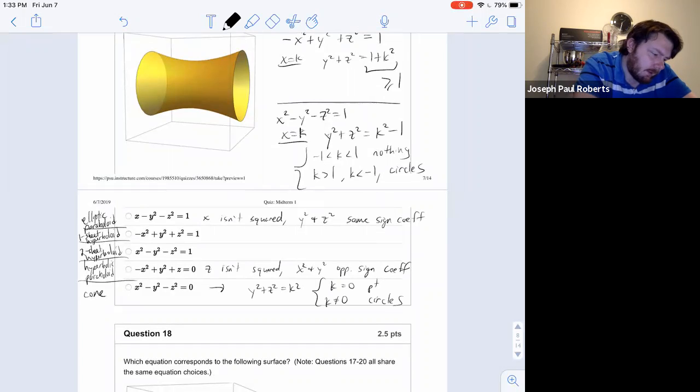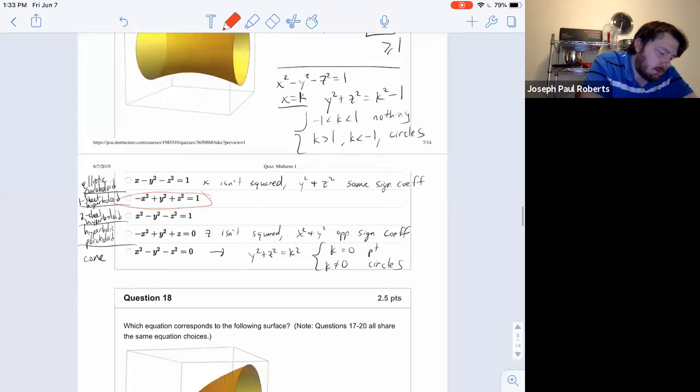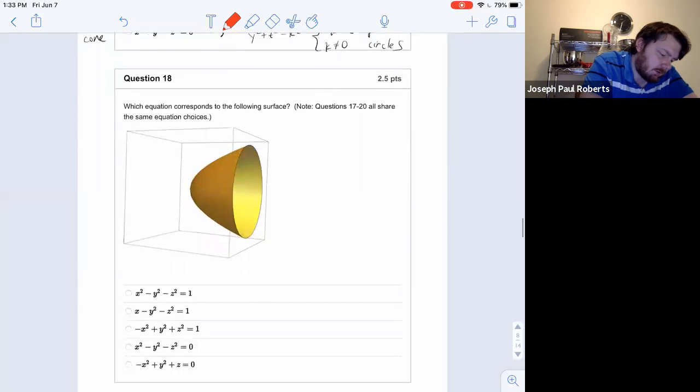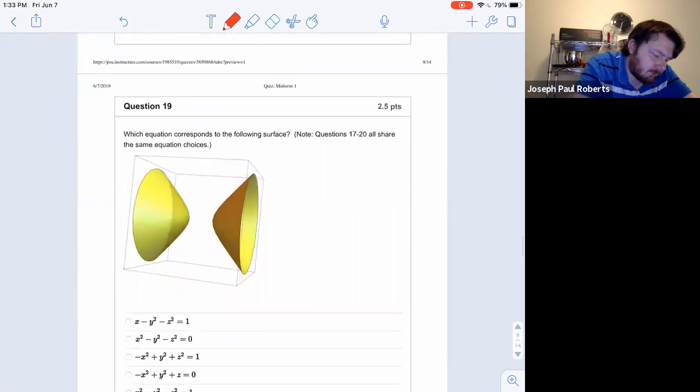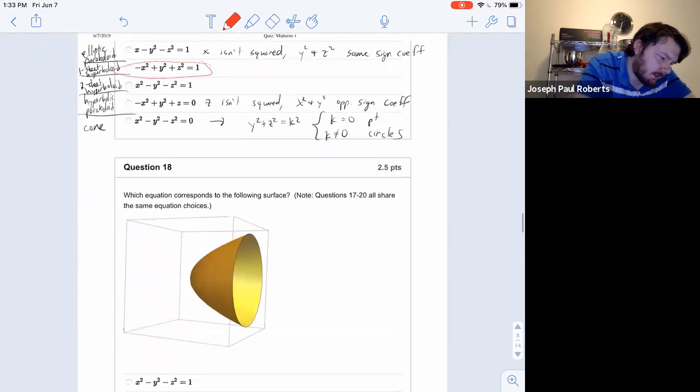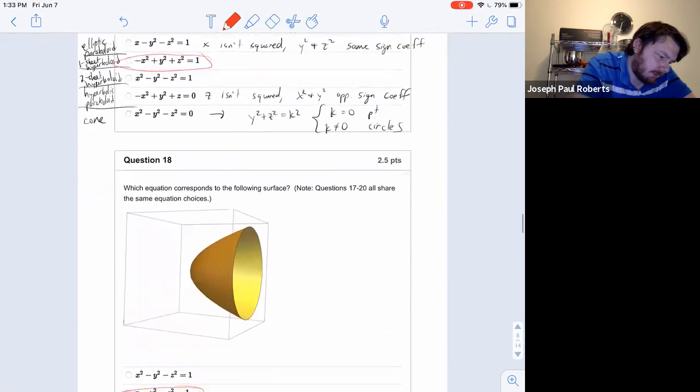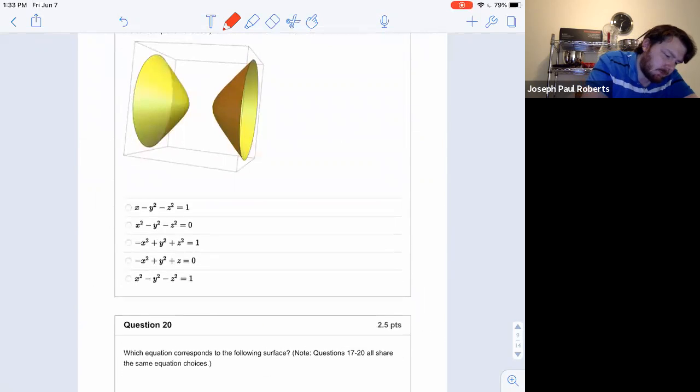And so anyway, now we could just look. So this first picture is the one-sheet hyperboloid. This is our elliptic paraboloid. So x minus y squared minus z squared is 1. This one is our two-sheet hyperboloid, which we decided was x squared minus y squared minus z squared is 1.